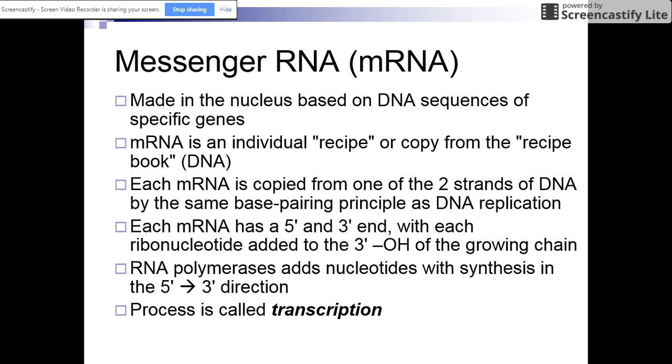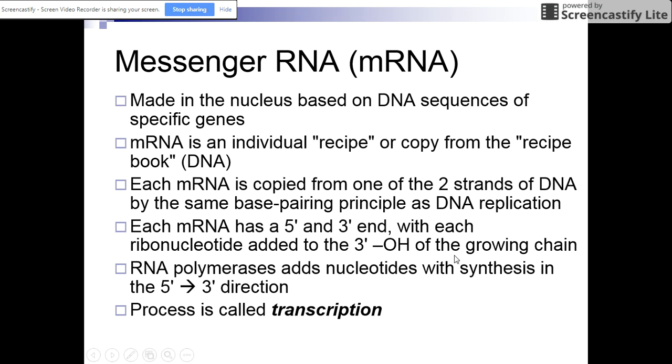If there are maybe thousands of recipes in the book, the mRNA is specific to a gene. So it's one recipe from the book. You're making multiple copies of it, and that's being shipped out into the cytoplasm to be acted on by the ribosome to create the meal from the recipe. The action of that happens in the cytoplasm.